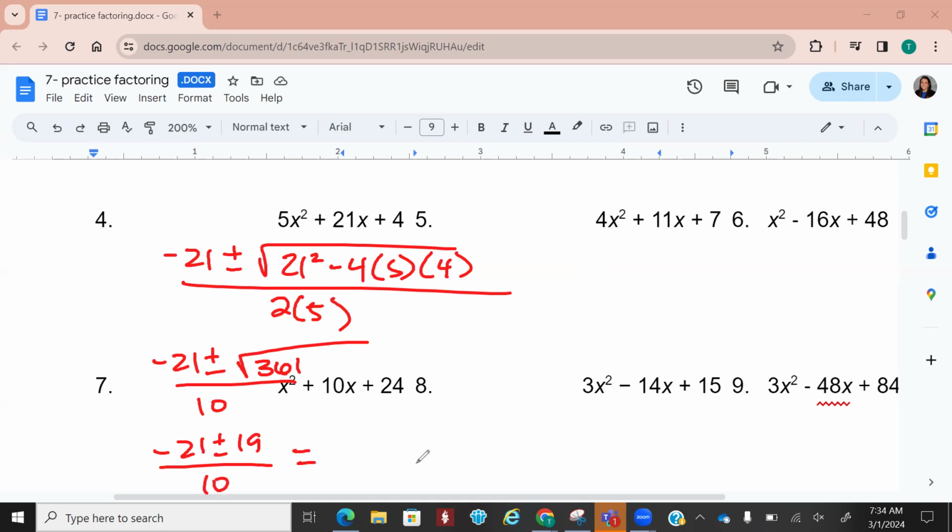And if I simplify that, this is going to give me negative 2 over 10, which is negative 1/5. And then it's going to give me negative 40 over 10, which is going to give me negative 4. Try number 5. Do one more.